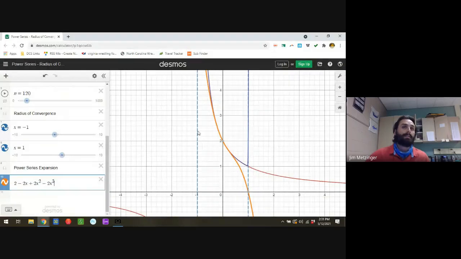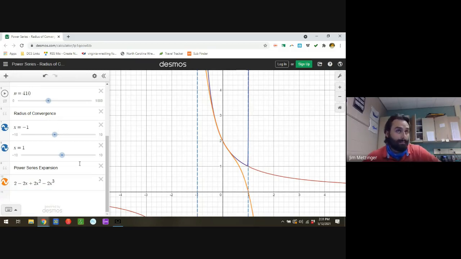You might think they really don't match that well inside from -1 to +1. But if I start putting more terms in my expansion, which is going to hurt my computer's brain and might take it 10 minutes to graph, these two lines are going to wind up matching very, very closely.